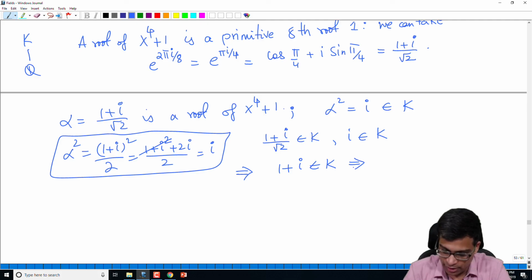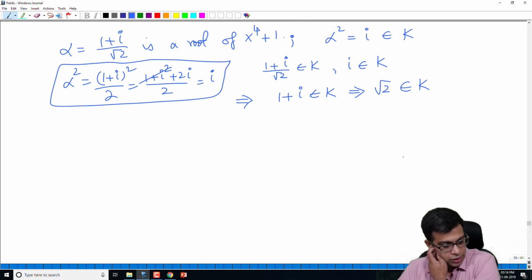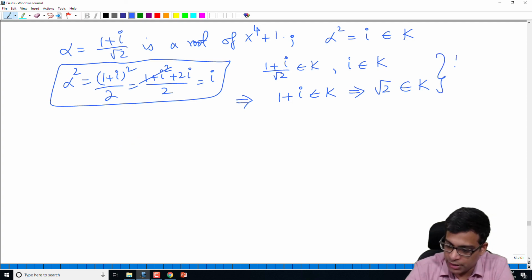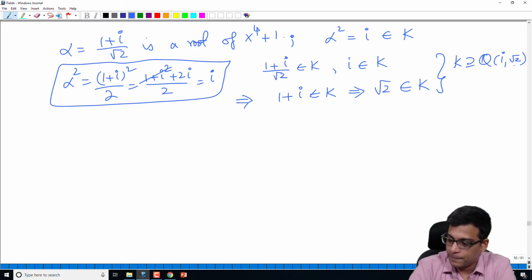That means the ratio of these two is there. Root 2 is there. So what I want to say is that K certainly contains Q adjoined i comma root 2, right?